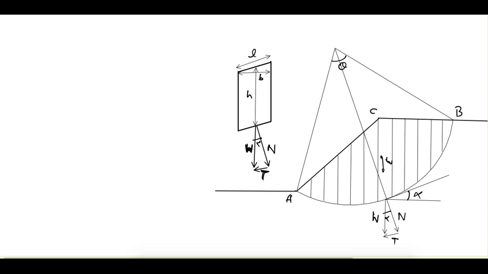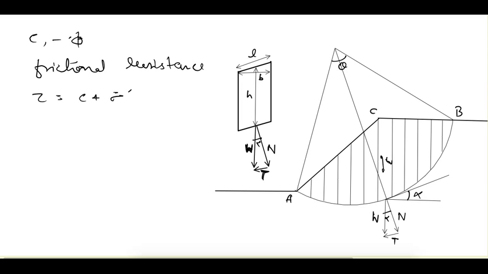In this method we cannot follow the procedure that we did in the last one, because here it is a c-phi soil, so frictional resistance also comes into the picture, and we know that the shear strength is given as c plus sigma tan phi. It means that it also depends upon the normal stress.